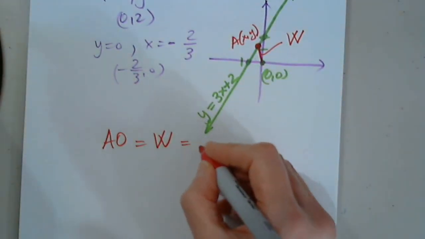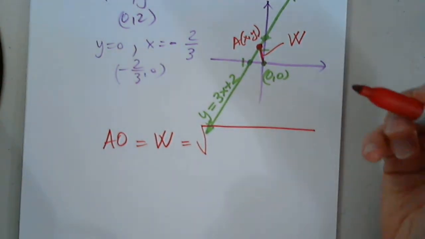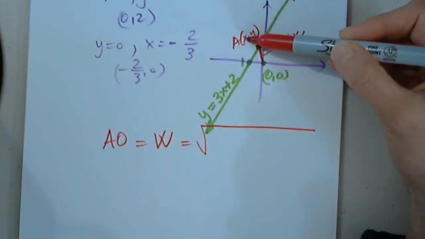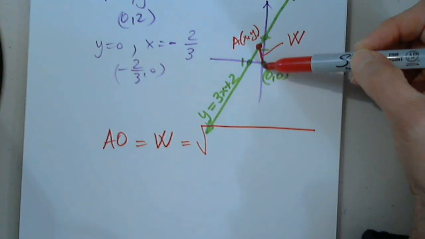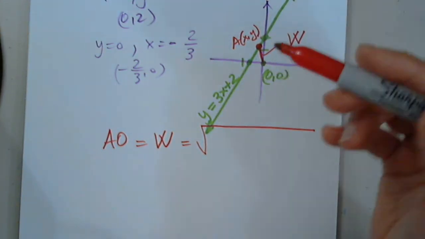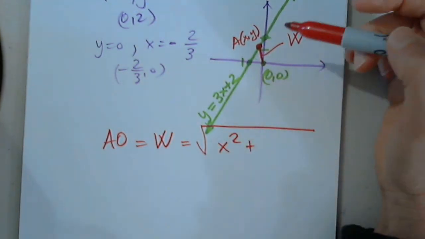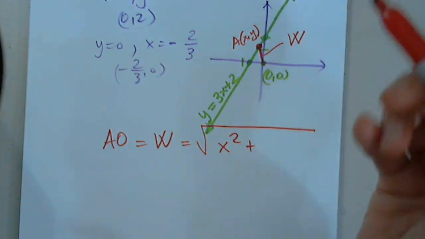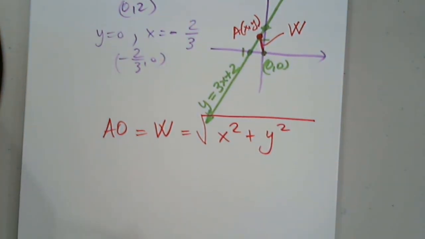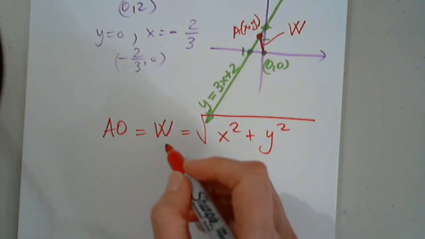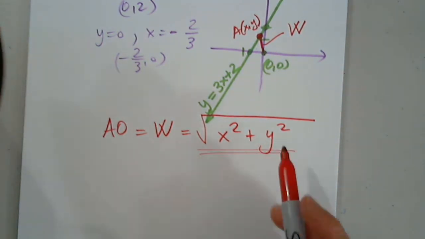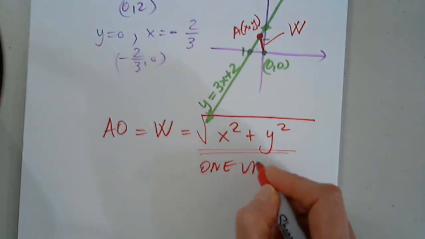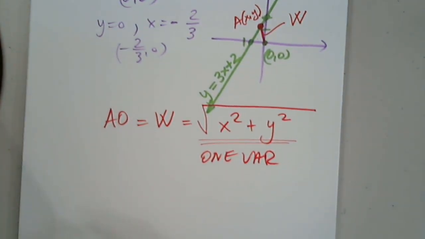And we know that the formula for the distance is the square root of x2 minus x1 squared, but it's 0, plus y2 minus y1 squared. That's the formula for the distance. Now, I want a function of one variable. I don't want a function of two variables.